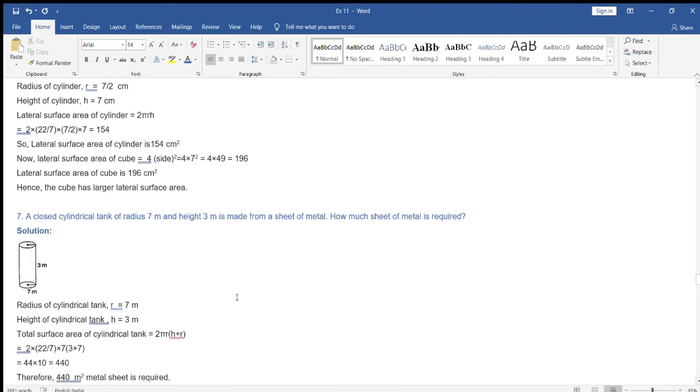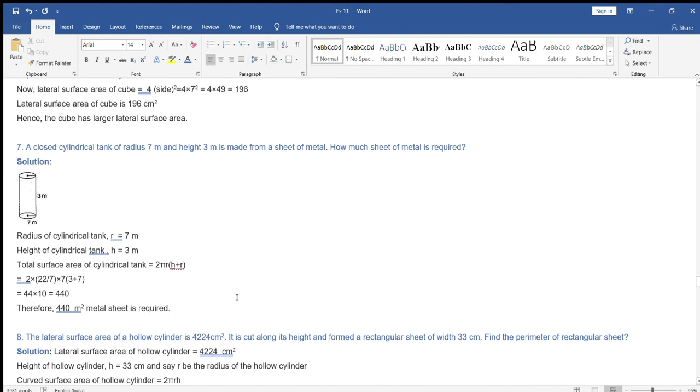Now question number 7. A closed cylindrical tank of radius 7 meter and height 3 is made up of sheet metal. How much sheet metal is required? Have a look. A closed cylindrical tank means we have to find the total surface area.